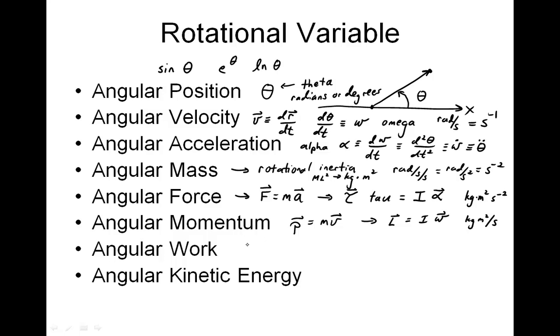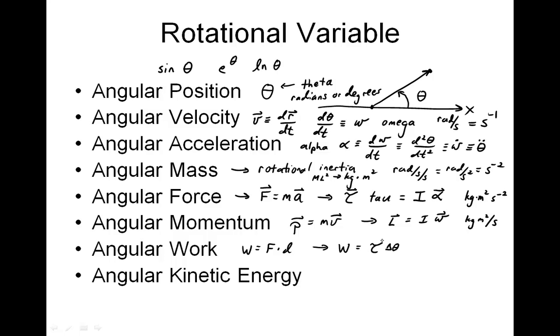Now work, recall, was equal to force times distance. It was a scalar quantity, even though force and distance might have been vectors. Angular work is still going to be work, and it's going to equal force, which is an angular force, that's a torque, times a displacement. The displacement is theta, the position, or delta theta might be more appropriate.